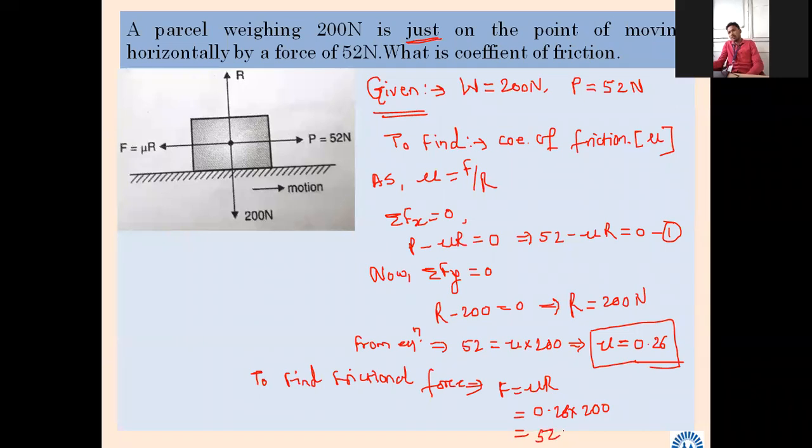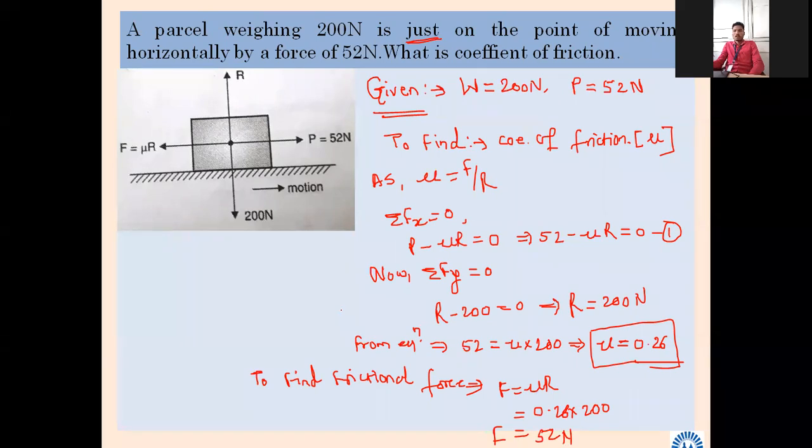Yes, it should come 52 again. Correct. Vice versa, or cross checking we can say. Likewise we can solve this. Very simple. Body is not in motion, but body is about to be in motion.